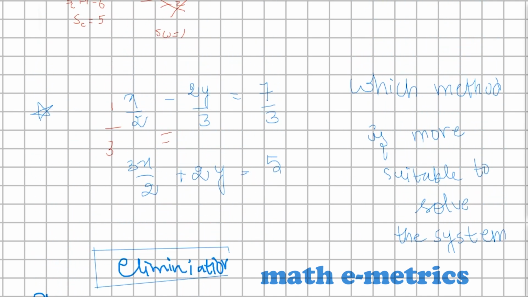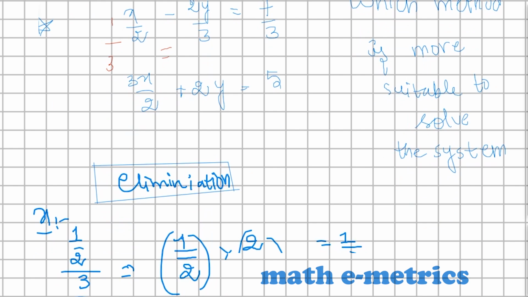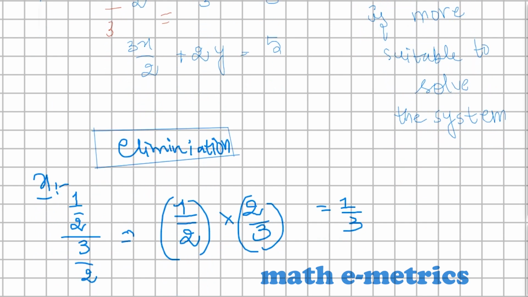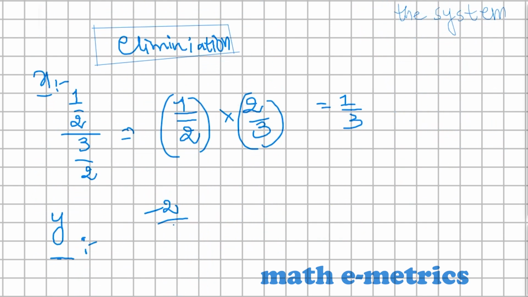The y coefficient ratio is negative 2y divided by 3 divided by 2. So negative 2 divided by 3 divided by 2, it will be negative 1 over 10.